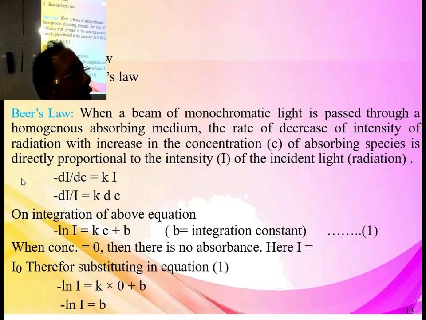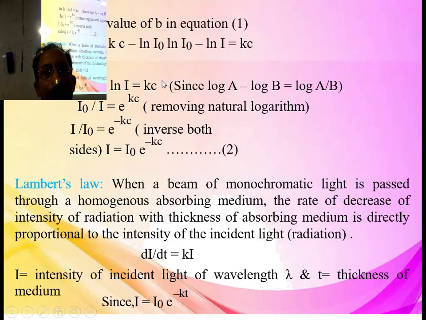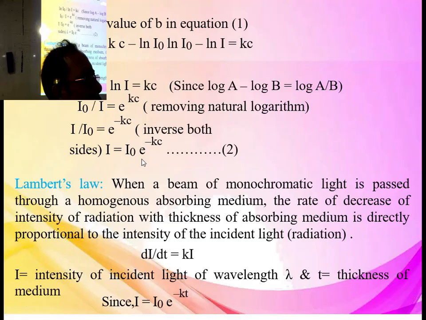If you give more and more concentration, the absorption will become more and more. So the emitted radiation will be less, emitted light will be less, absorption will be more. Quite natural. Now, if you do the calculation, finally you get this relation: I equals I naught e to the minus kC. First order kinetics, that type of equation.